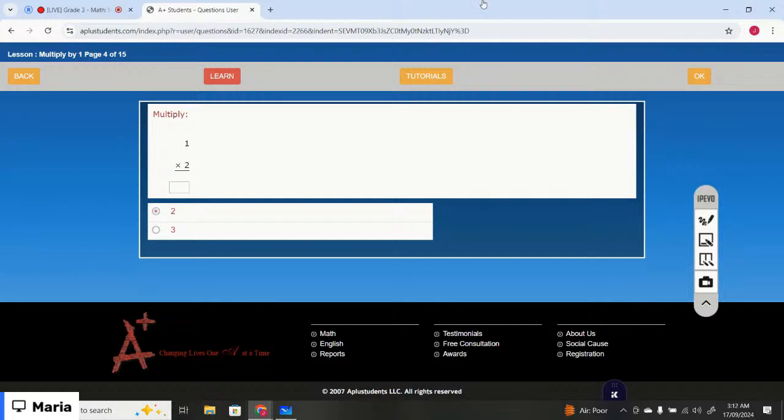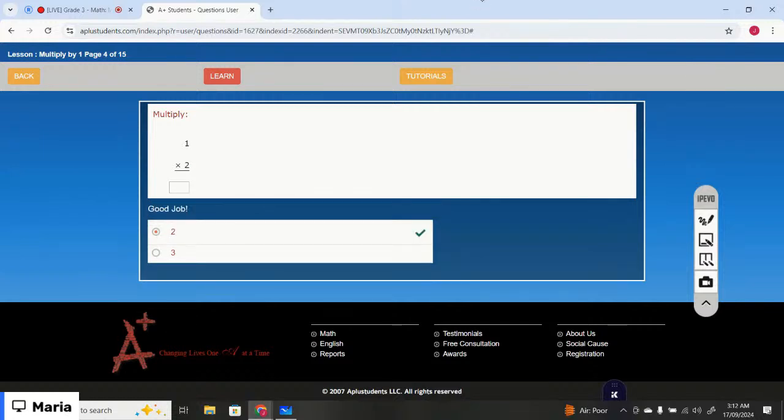The correct option is 2. So whatever number it is, the number stays the same. Got it, everyone?